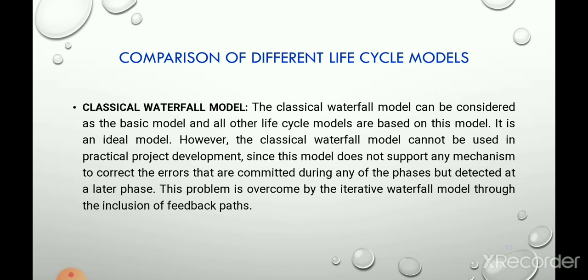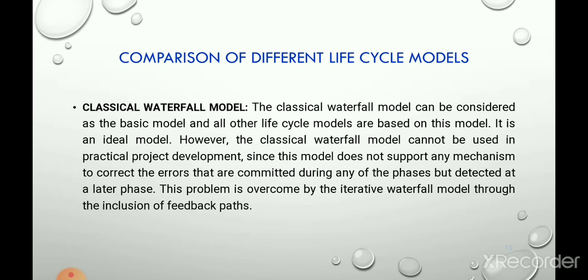The next point is the comparison of different life cycle models. The first model is the classical waterfall model. The classical waterfall model can be considered as the basic model, and all other life cycle models are based on this model. It is an ideal model.